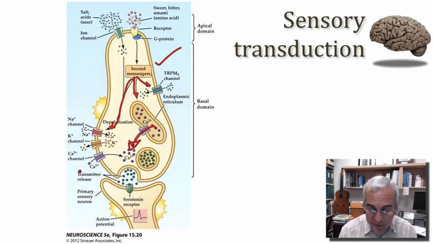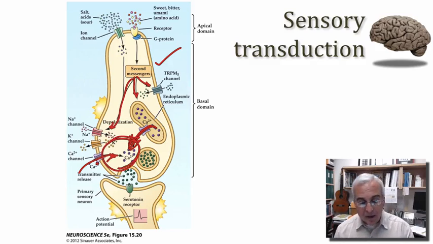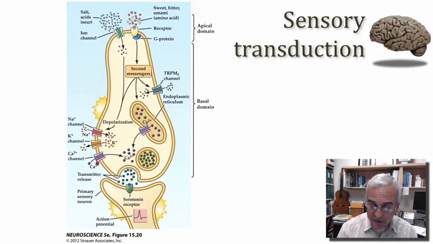So whether calcium is coming in through voltage-gated ion channels or being released from vesicular compartments, the increase in calcium in the basal region of the taste cell is potentially sufficient to lead to the exocytosis of neurotransmitter. So in this particular taste cell, we're illustrating the presence of multiple receptors, and that may be the case. But for many taste cells, there just may be one receptor that is expressed by that taste cell.